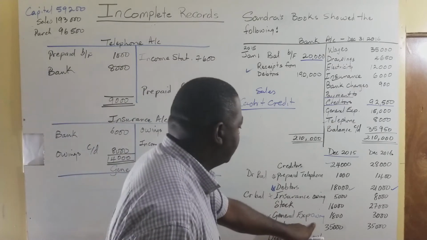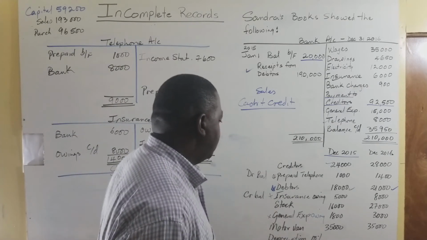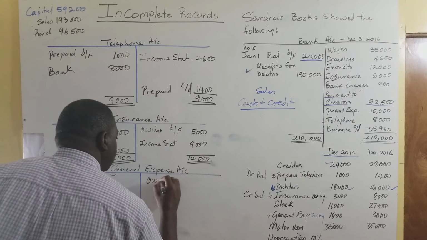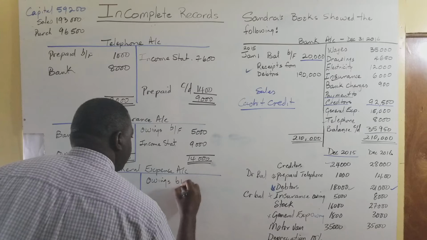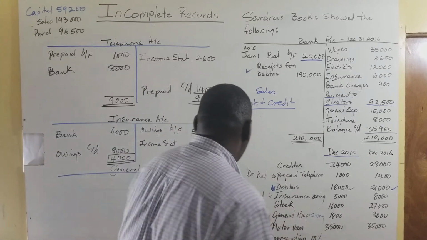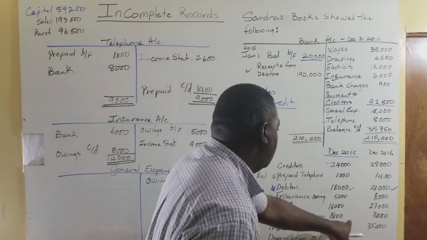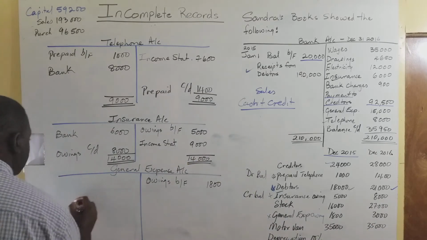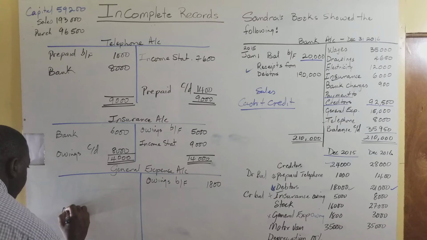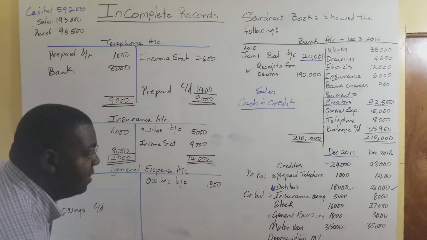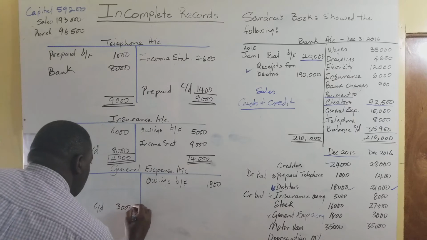We have opening, it's an owing, so we have general expense owing. So the opening figure is going to be here. So it's owings brought forward. How much is it? 1,800. And the closing is 3,000. So we go to this side. Owings CD of 3,000.